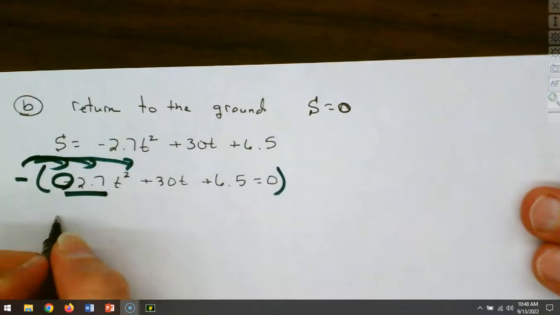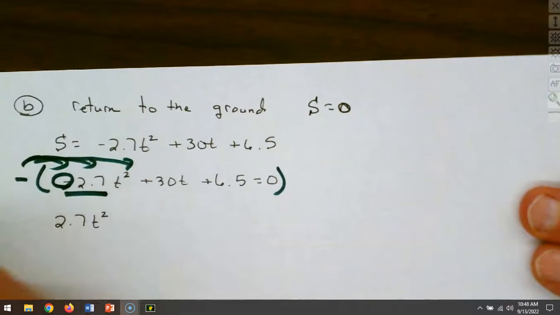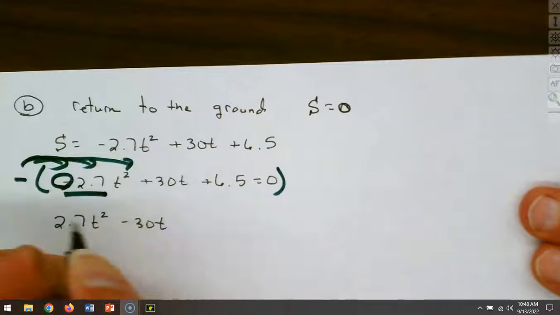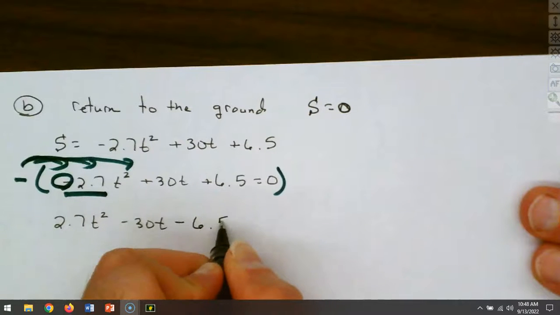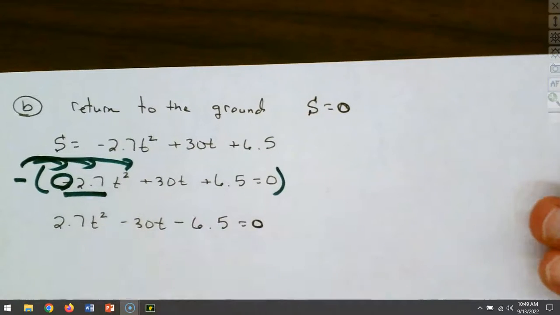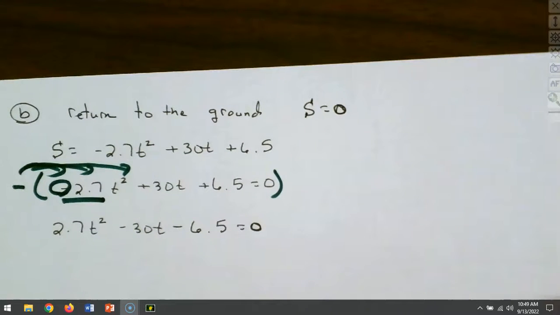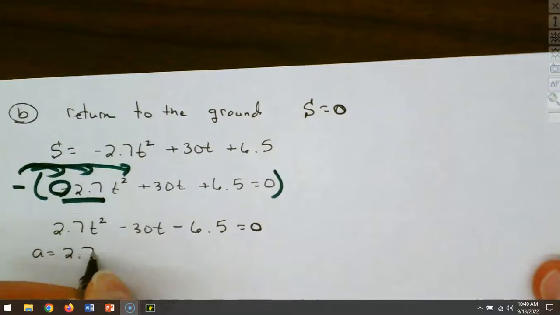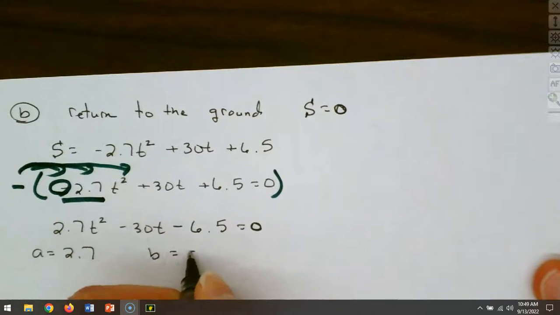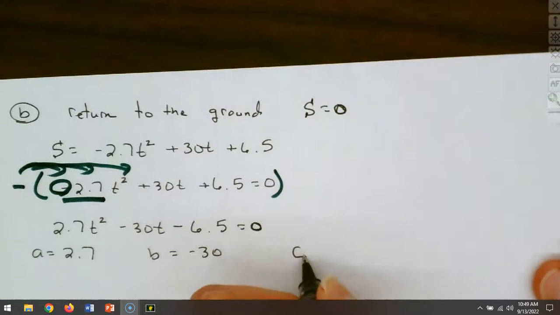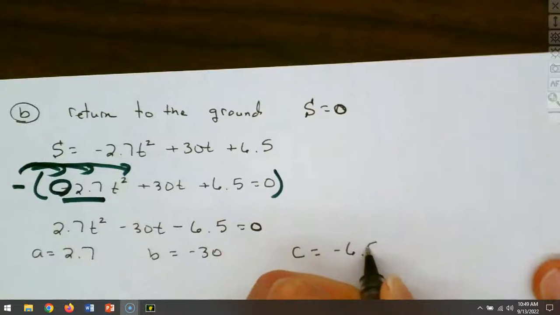So that is now 2.7 t squared minus 30t minus that 6.5 equals 0. Right? So we did that. We distributed it through, changed our signs because we have to divide by a negative, multiply by a negative, either one, same thing. Our A is going to be 2.7. Our B is going to be a minus 30. And our C is a minus 6.5.